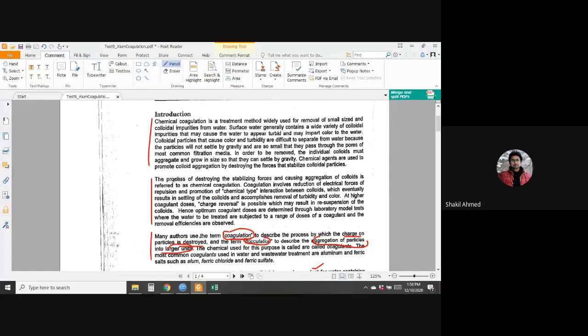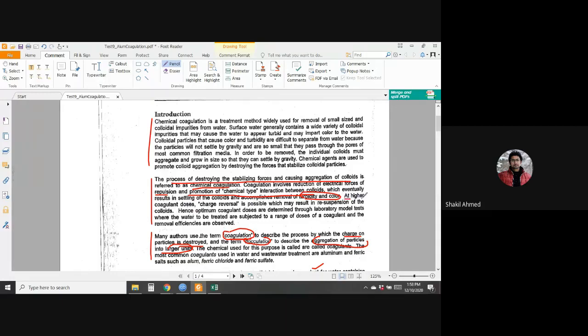Now, the process of destroying the stabilizing forces causing aggregation of colloids is referred to as chemical coagulation. Coagulation involves reduction of electric forces of repulsion and promotion of chemical type interaction between colloids, which eventually results in settling the colloids and accomplishes removal of turbidity and color. Of course, we remove turbidity by coagulation.